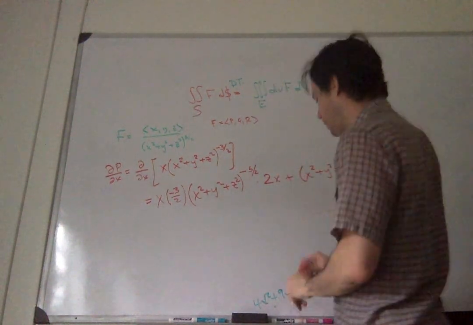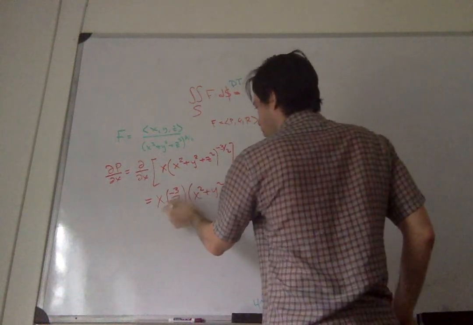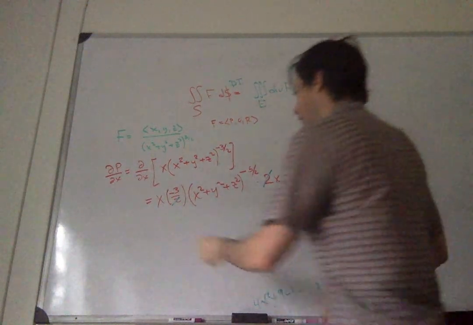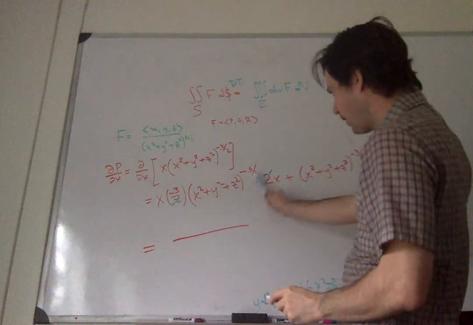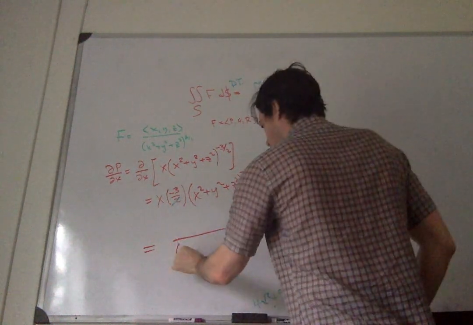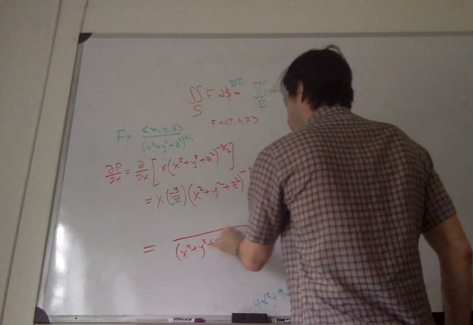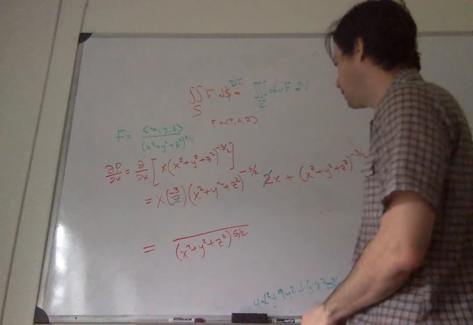Okay, so let's simplify. Well, these 2's are going to cancel, and I don't like that negative, so I'm going to put it to the bottom, and when I put it to the bottom, I get this, right, to the 5/2 power.